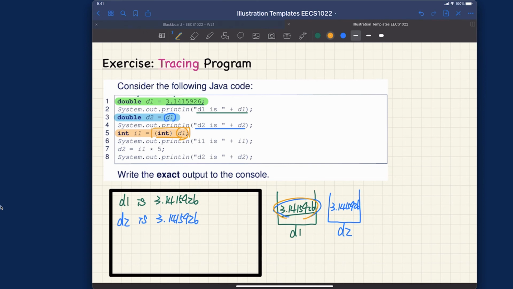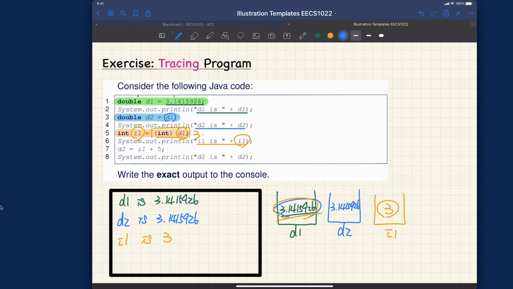With the floating point removed, we're going to get 3, and then we'll store 3 into I1. So that compiles. Now we've got I1 over here, and it has 3. And then we print "I1 is" and I1, so I1's stored value is simply 3. All right, let's do more.